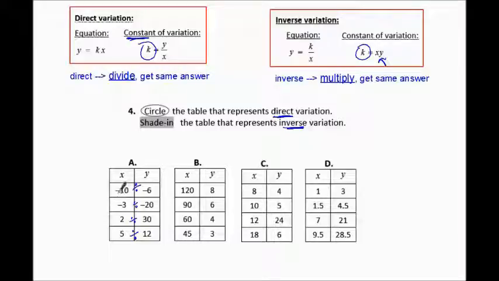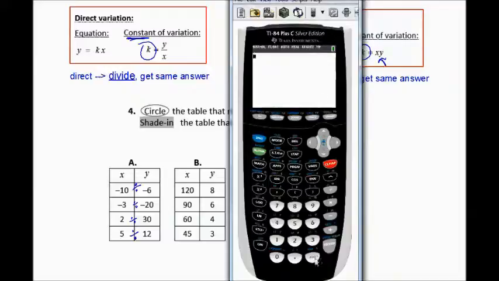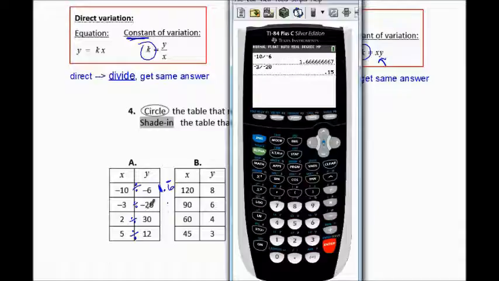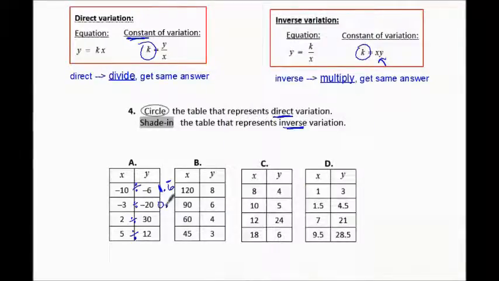So here, divide -10 by -6. -10 divided by -6, you're going to get a 1.6 repeating. So I'm going to write that down here, 1.6 repeating. You're going to do that for all the other numbers. Next, you divide -3 by -20 and you get a 0.15.